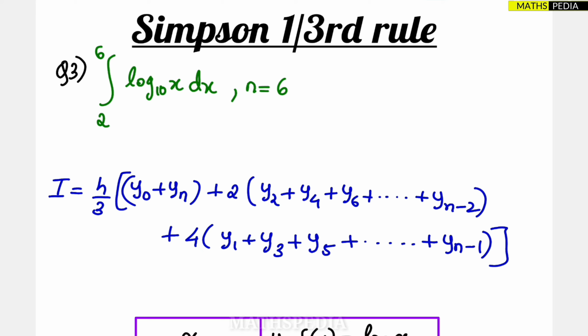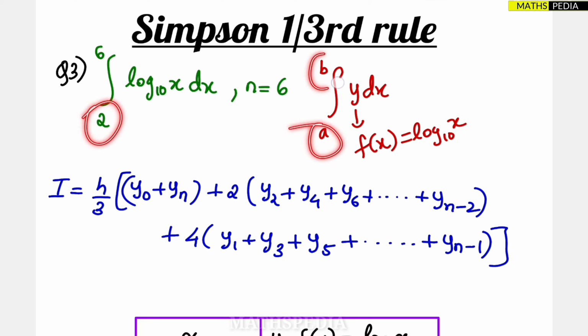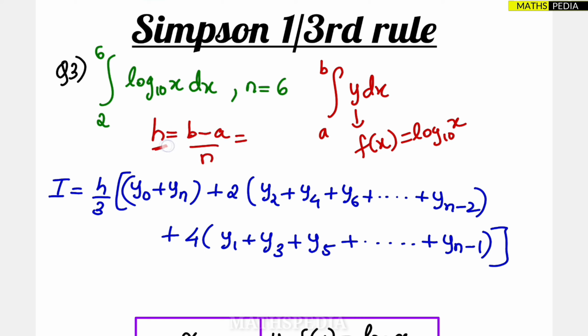While comparing, we get to know that it is the integral from a to b of y dx. That means y is a function of x, which is given as log base 10 of x. And what are the a value and b value, the lower limit and upper limit? a is 2 and b is 6. Now we have to find the h value. h is equal to (b minus a) by n, where h is the width.